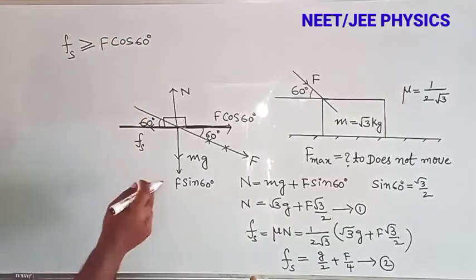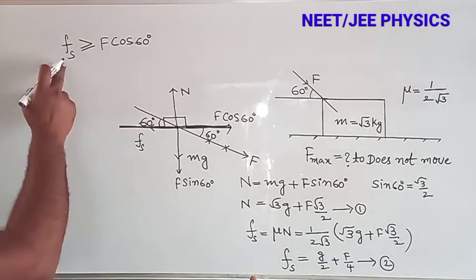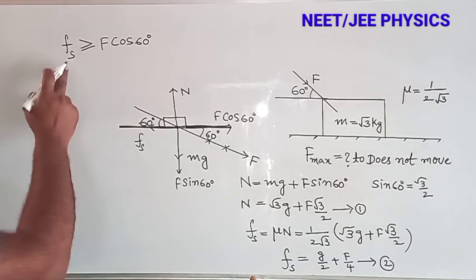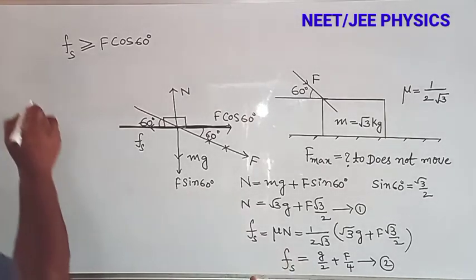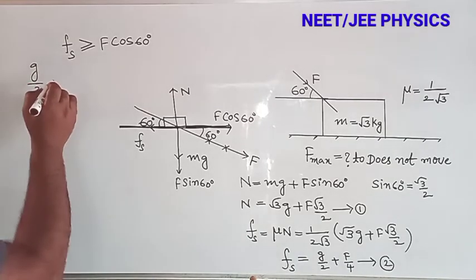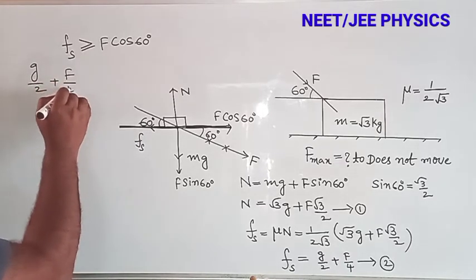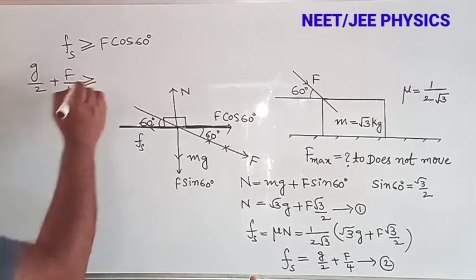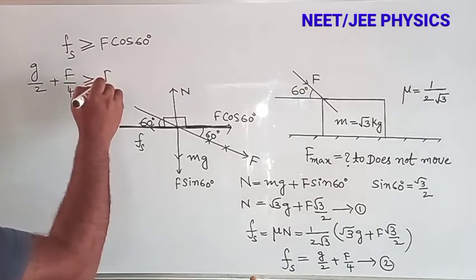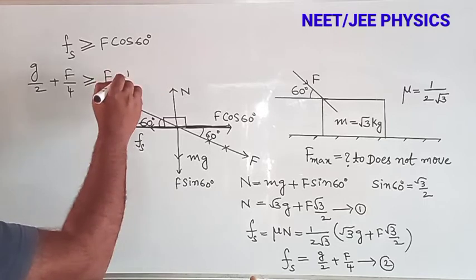Substituting Fs, g upon 2 plus F upon 4 is greater than or equal to F cos 60. Cos 60 is 1 by 2.